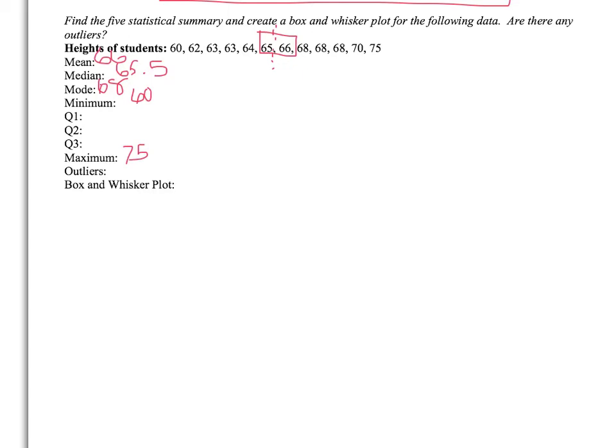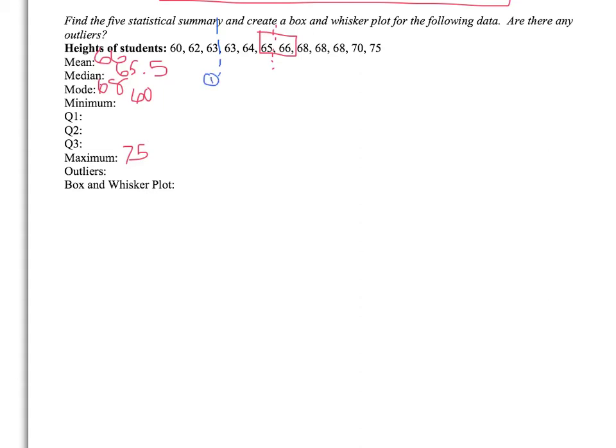Okay, for our quartiles, this is what you do. You take your data, which we have listed here. You split it in half, which you did when you found your median. And then you split the first half of your data in half again. So if I split the first half of my data in half, I would be right where that blue line is, between 63 and 63.